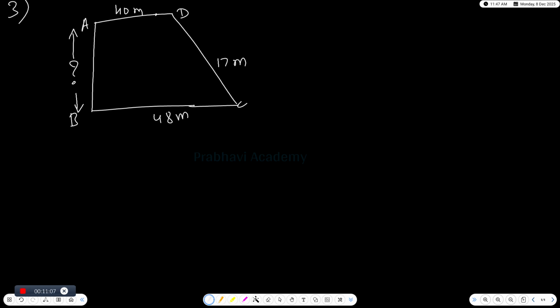Let us solve this. So these are all the sides given: BC, CD, AD. They all together give the length of the fence of the trapezium. So BC is equal to 48, CD is equal to 17 and AD is equal to 40.